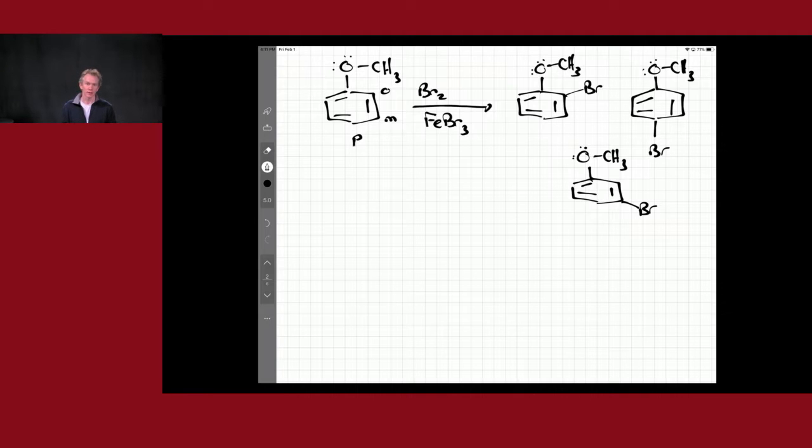Now, most of you nailed this in class the other day when we talked about the rate-limiting step, the slowest step in electrophilic aromatic substitution, and that's that first step where the benzene ring is attacking the electrophile, generating that arenium ion intermediate. If we think about the arenium ion intermediates that we would generate for these three different products, they're all going to look slightly different. So let's draw those out.